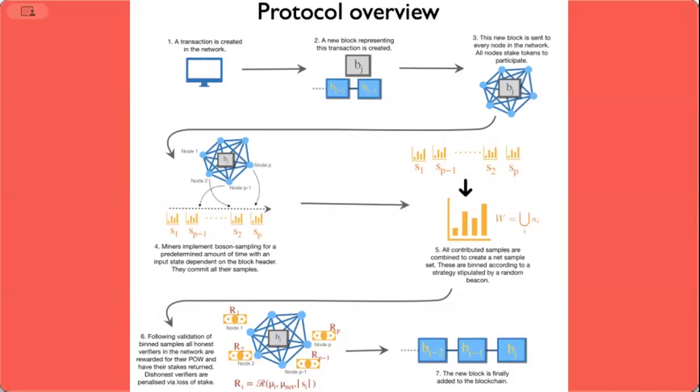So once that's all done, then we go and we start comparing these binned distributions, and the ones that get their binned distributions within a certain tolerance threshold of one another, they're regarded as honest, and they get their stake back because they were honest, and they get a reward, which is a share of the transaction fee. In the Bitcoin network, it's a little bit different.